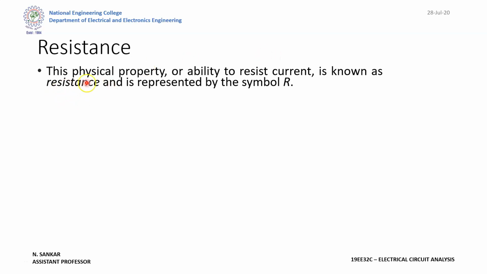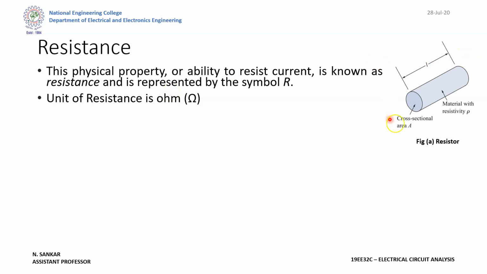That is called resistance. They are just opposing. In terms of symbol, we represent it as R. The unit of resistance is ohm. For voltage, volt; for current, ampere; for charge, coulomb. Similarly, for resistance, it is ohm.